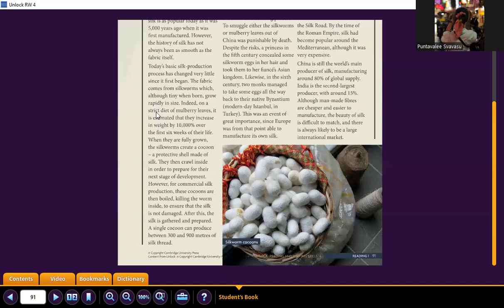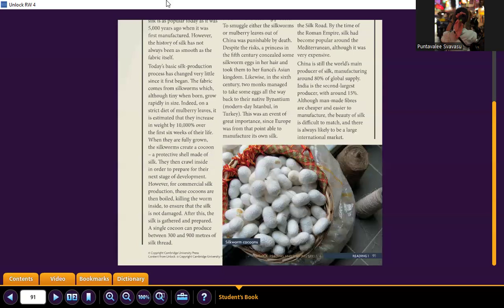So only one type of food. But in the statement, they say varied diet. Varied diet means they can eat lots of things. Varied means หลากหลาย. So this one is false, because it's only mulberry leaves, it's not varied.